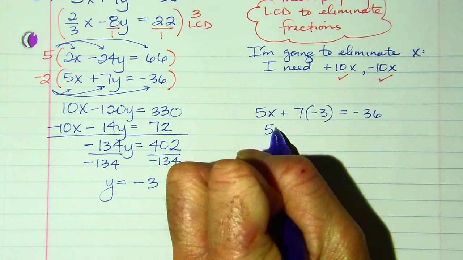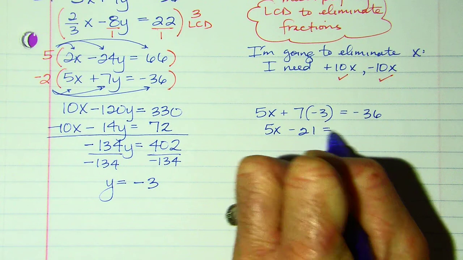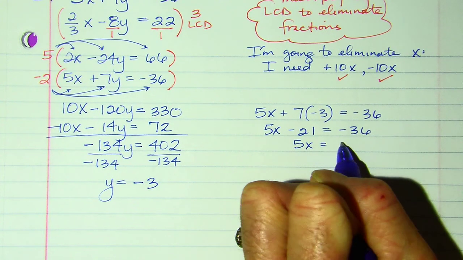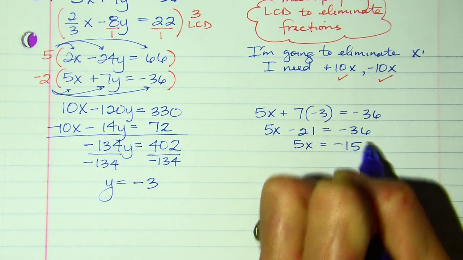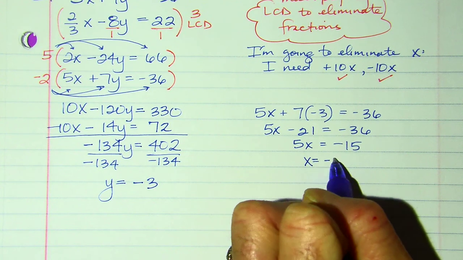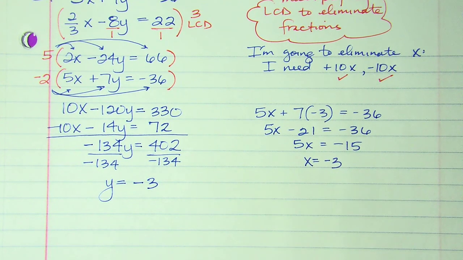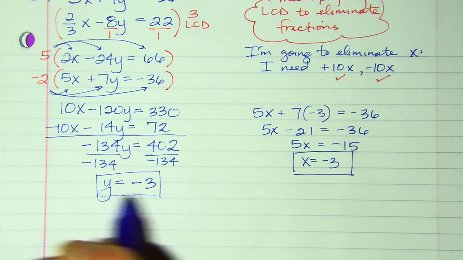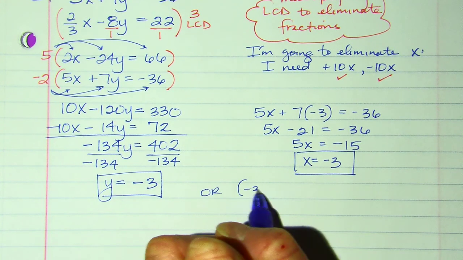So 5x minus 21 equals negative 36. I'm going to add 21. That would give me negative 15. So x also equals a negative 3. So you can circle them separately, or you can write them together, your choice.